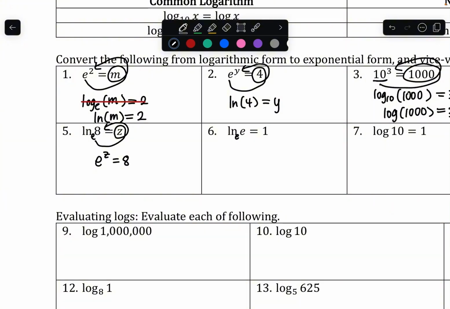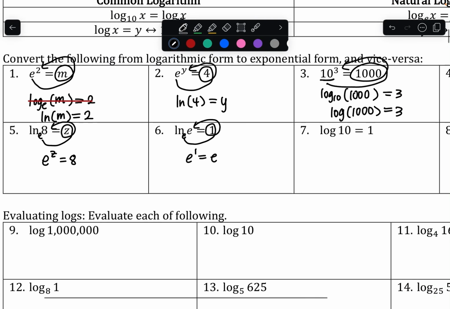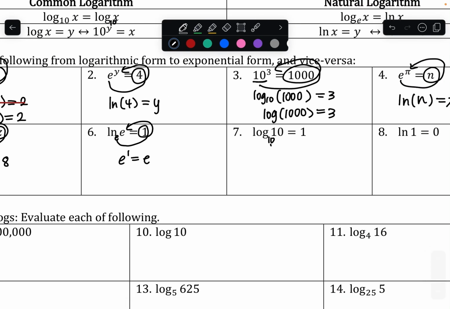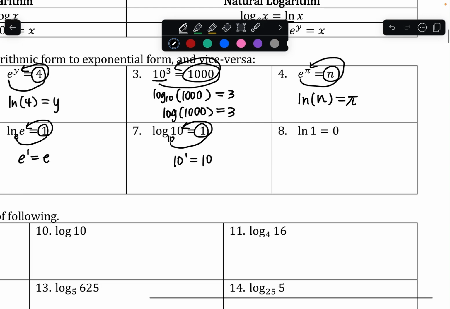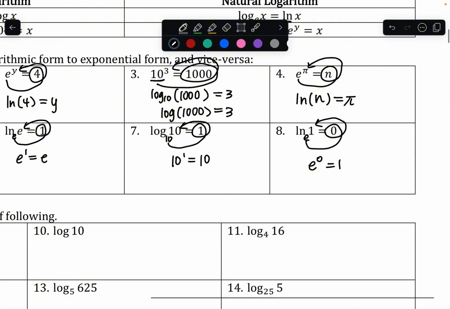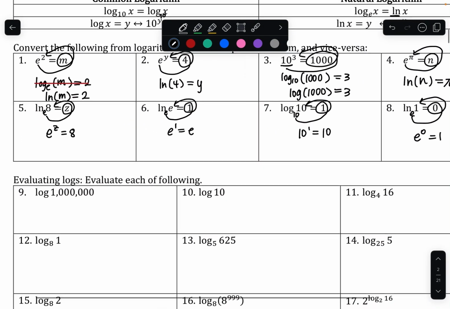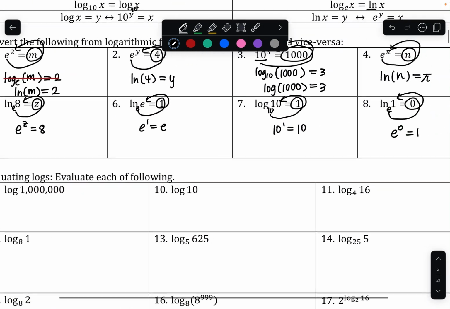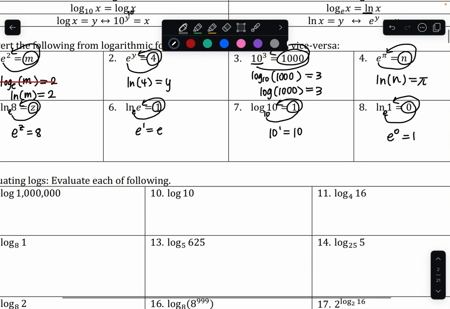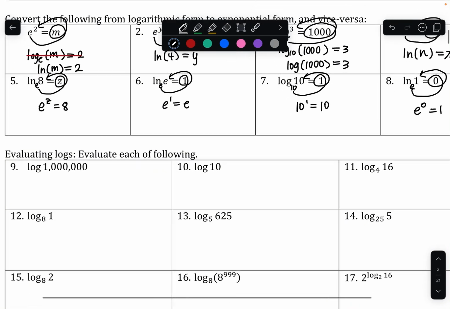Here, filling in the e to the first power equals 1, which makes sense. And then here, fill in the 10. 10 to the first power equals 10. And then here, e to the 0 power equals 1. And so this last column, you have a good way to check your work because these are properties of exponentials, which are now going to be properties of their corresponding log functions.